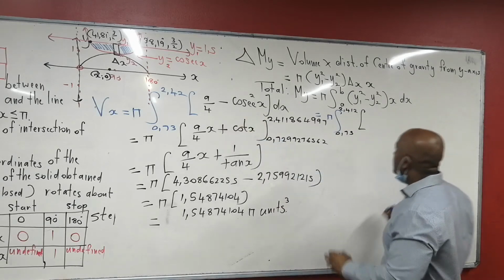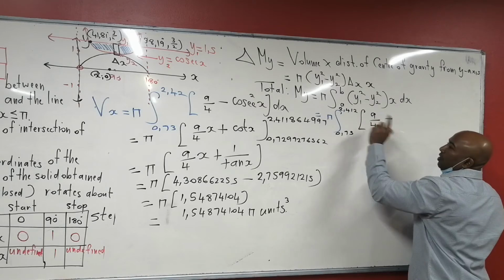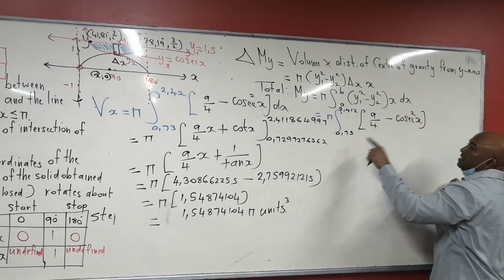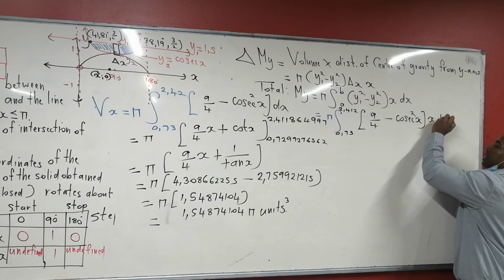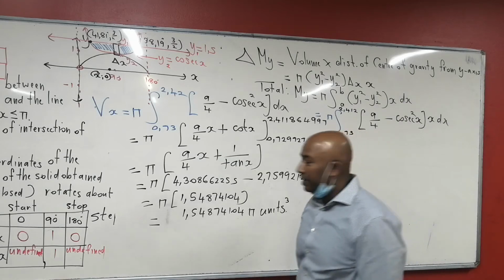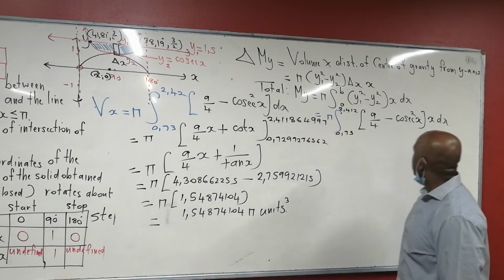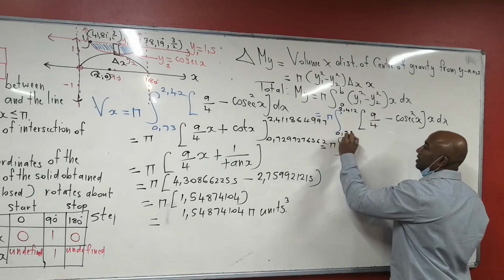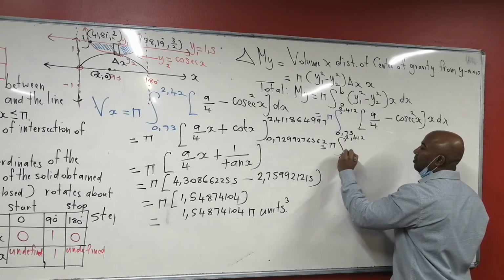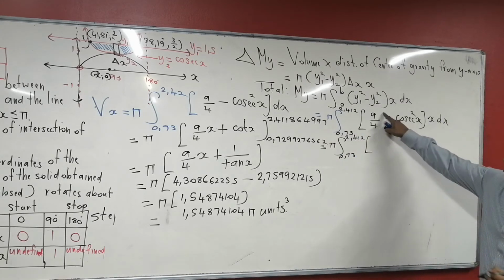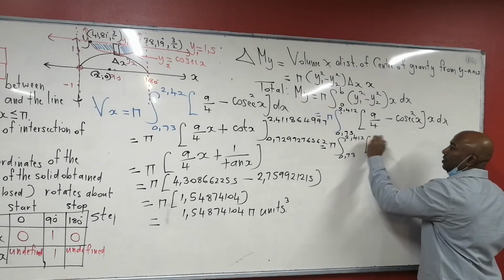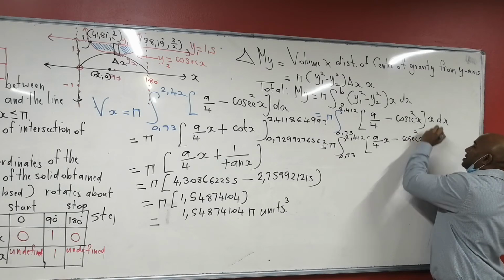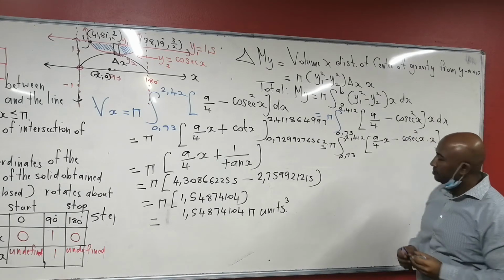This was our y1 squared is 9/4, y2 squared is cosec squared, and this is multiplied by x. Okay, now this is equal to pi, 2.412, 0.73. If I remove these brackets, 9/4 times x will be 9/4 x minus cosec squared x times x dx.